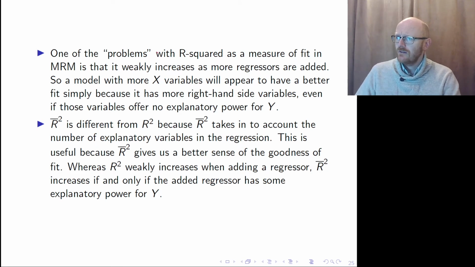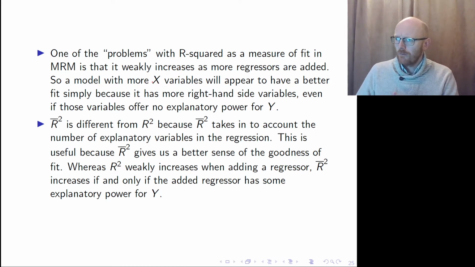Why do we need this adjusted R squared? Well, the problem with R squared is that whenever you add an X variable to your model, the R squared either stays the same or increases. And R squared might even increase even if the variable you are adding does not explain anything of the Y variable, so it's just a random variable creating noise in your model.